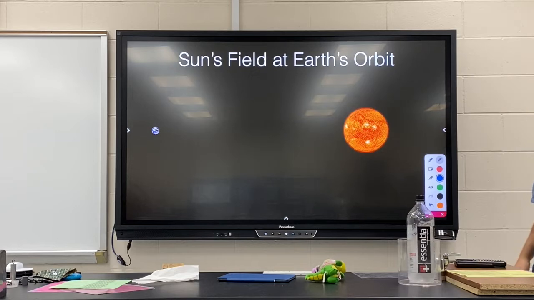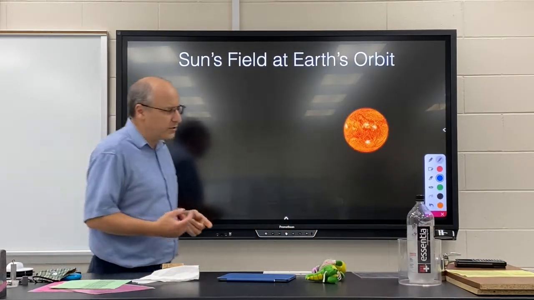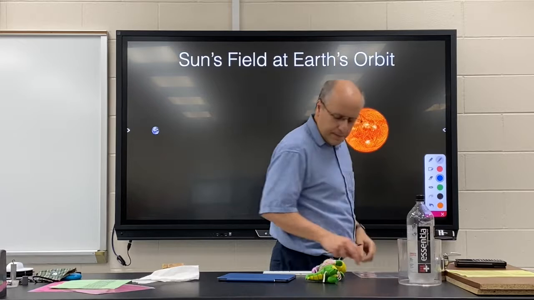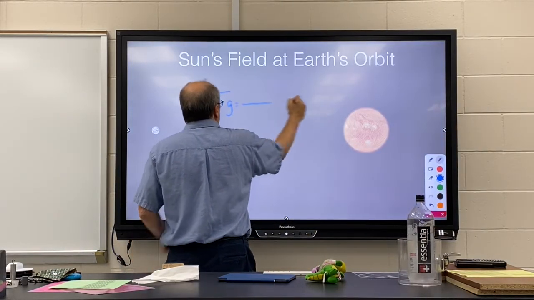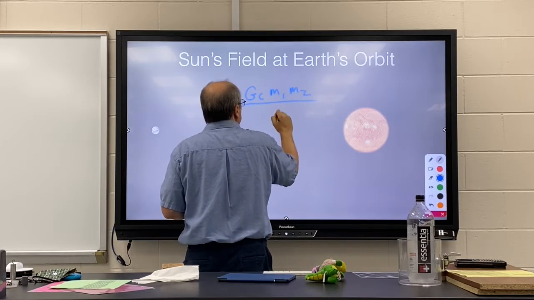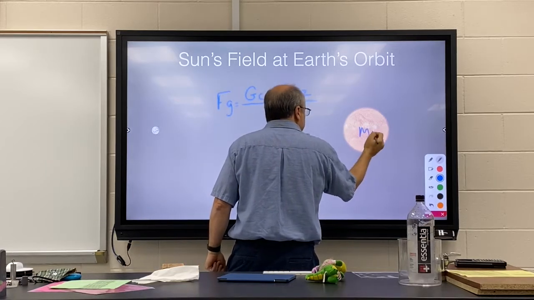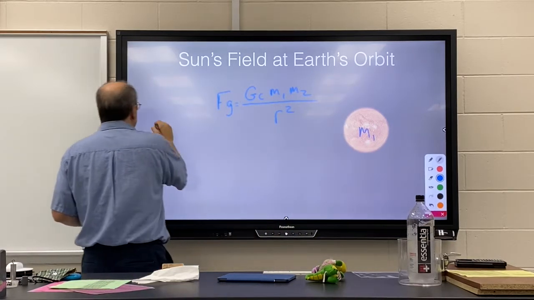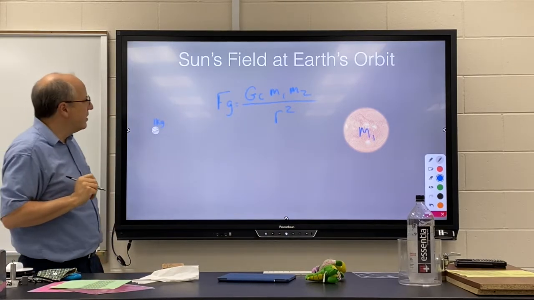If you wanted to find the gravitational field from the sun at the Earth's orbit, instead of using the mass of the Earth, you just use a mass of 1. So, we use our formula, force gravity, G m1 m2 over r squared. We use the mass of the sun, but instead of using the mass of the Earth, we do it per kilogram. Okay?